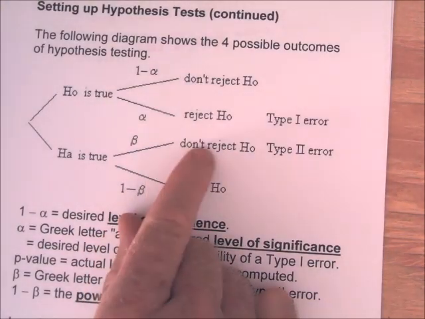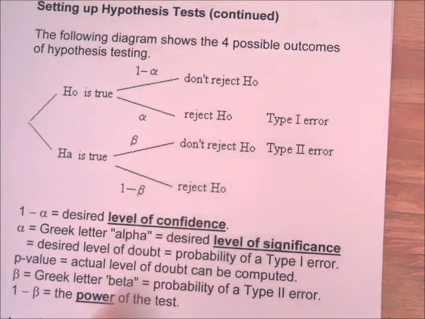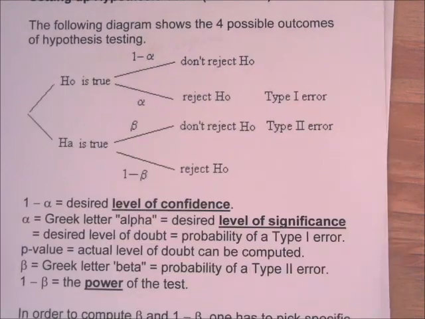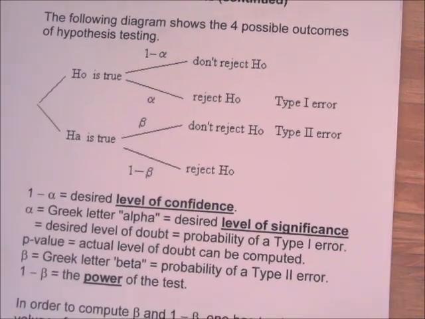So beta is not usually computed. Sometimes it's done just so you can plug in different numbers for the parameter under the alternative hypothesis, just as a what if kind of scenario. What if p was 0.6? What would beta be? What if p was 0.7? What would beta be?